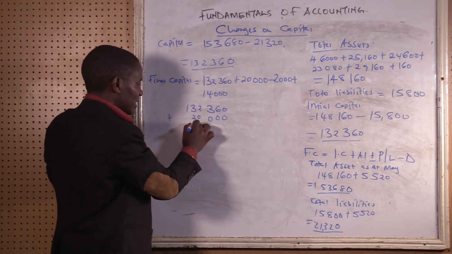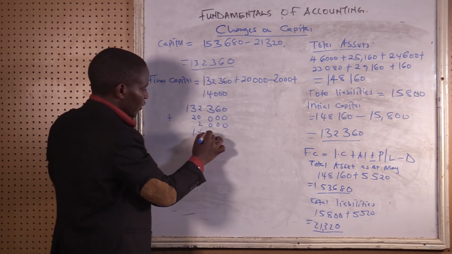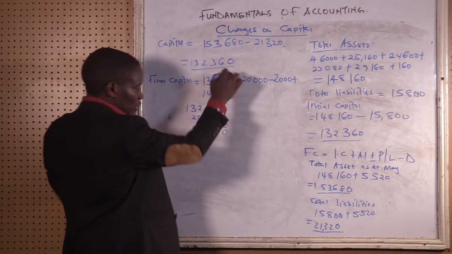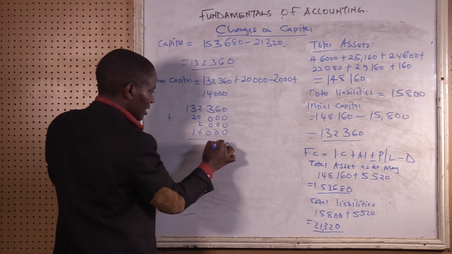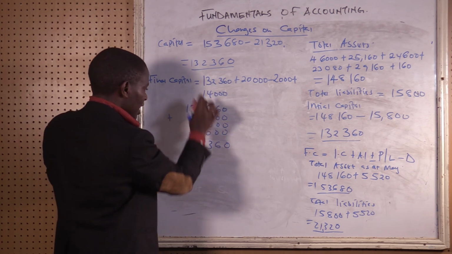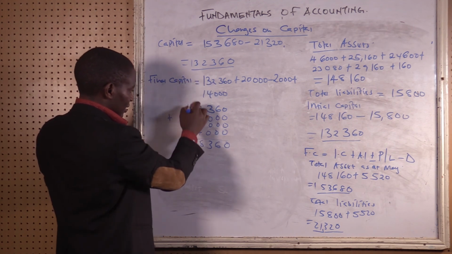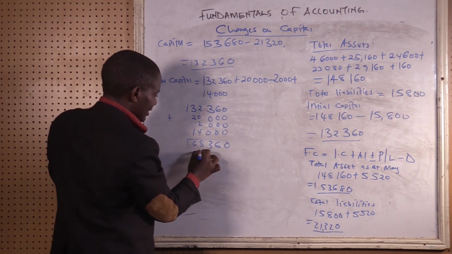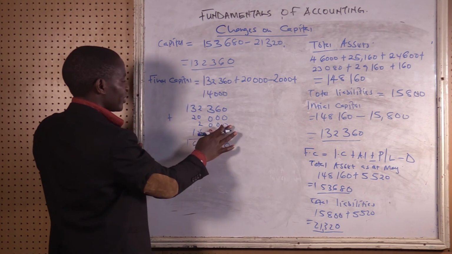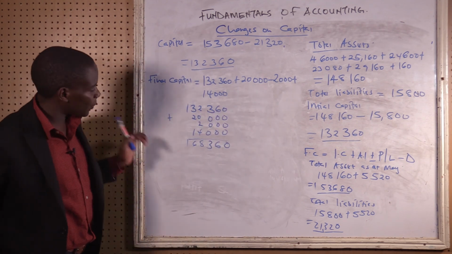Then we add 14,000. Sorry, the 2,000 is supposed to be subtracted.